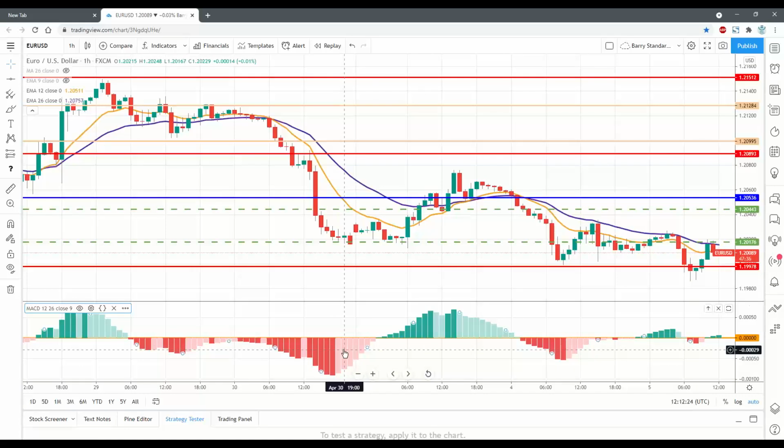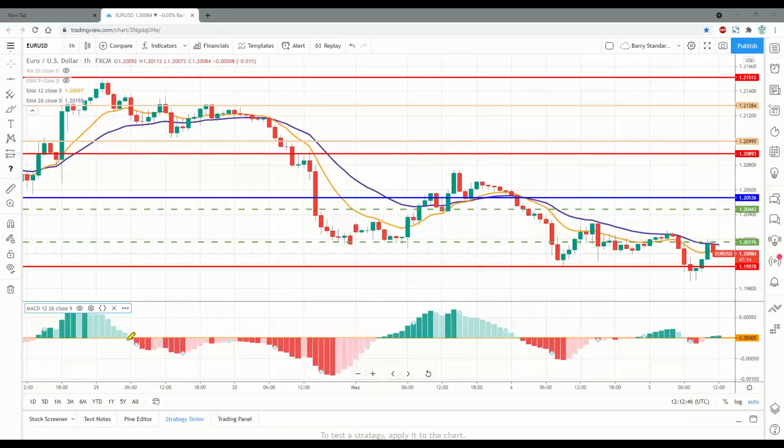Well, guess what? Whenever the MACD line and the MACD signal line cross, what is the value? When two numbers are crossing each other, they're the exact same value, subtracting one from the other gives you what? Zero.